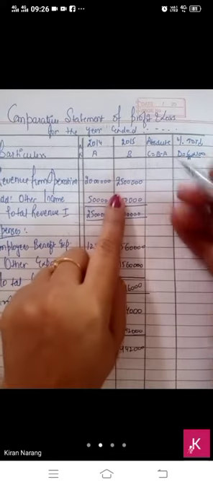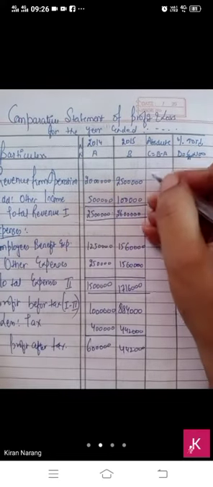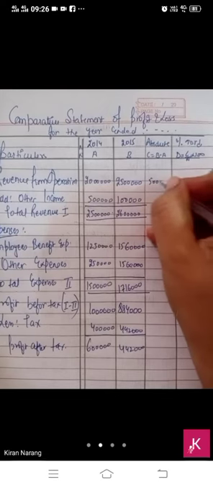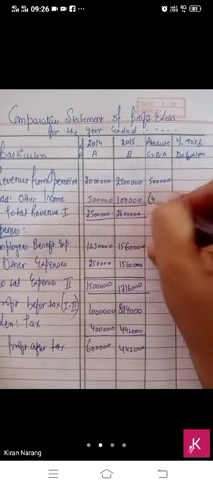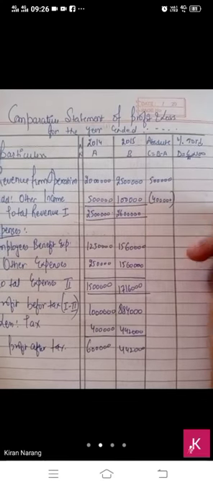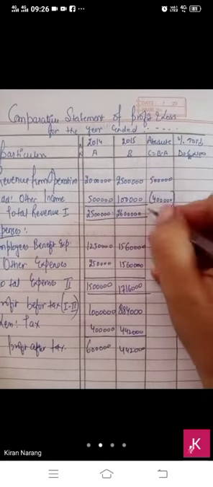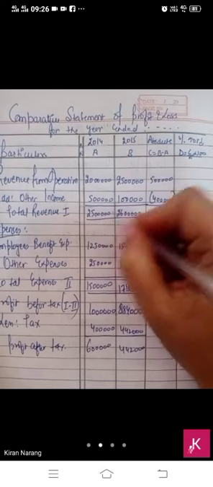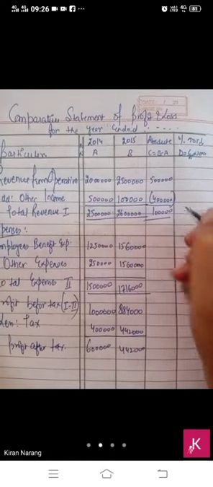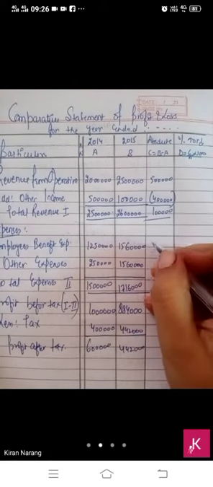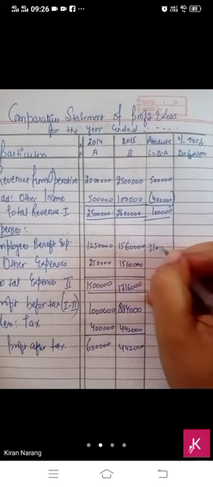Now we have to calculate the C and D parts. C will be calculated as B minus A. 25 lakh minus 20 lakh, it will be 5 lakh. Then 1 lakh minus 5 lakh, it will be minus 4 lakh. You just have to put the minus figure in brackets. Then 26 lakh minus 25 lakh, it will be 1 lakh. Then 1560 minus 1250, it will be 310.